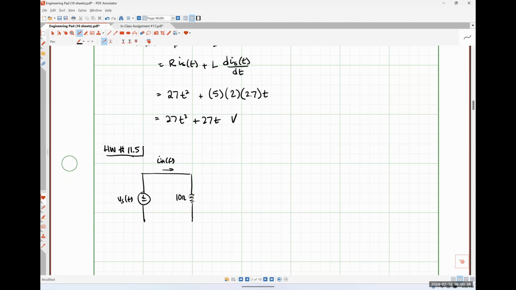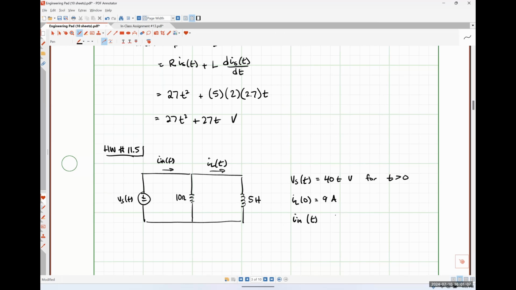Here's a 10 ohm resistor. Here's that same 5 henry inductor. And then this is IL of t. We're told that Vs of t is 40 t volts for t greater than 0. We are told that IL of 0 is 9 amps, and we're looking for In of t for t greater than 0.